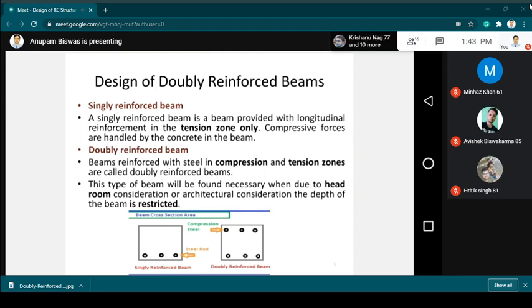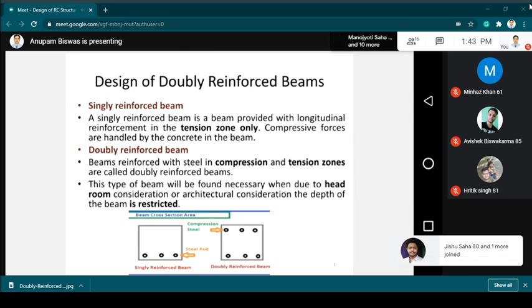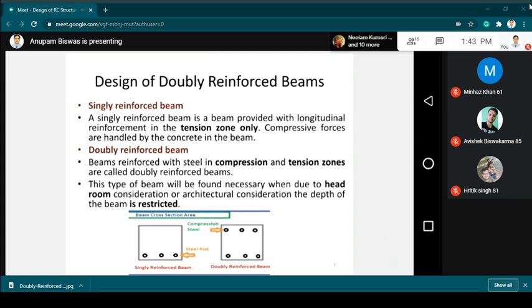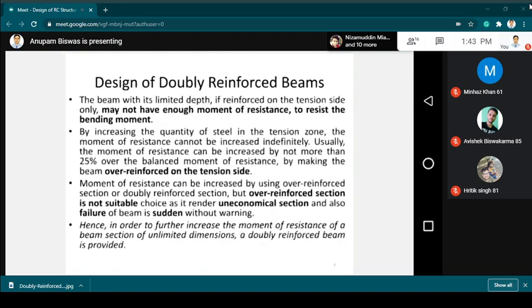If we increase the reinforcement to resist the external bending moment, that is restricted, because that will render our beam over reinforced, and an over reinforced beam is not acceptable because of economy.